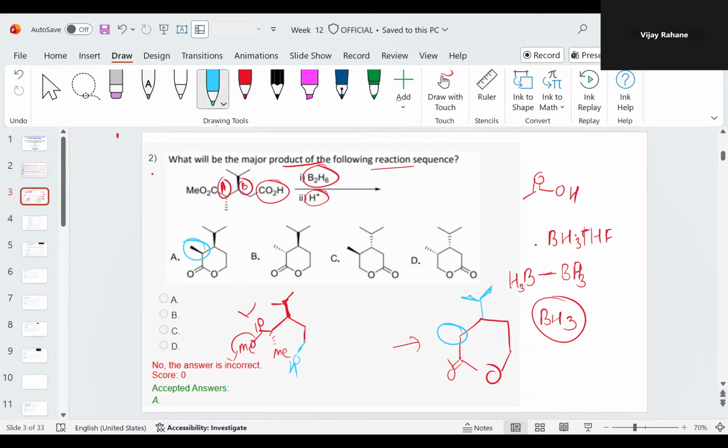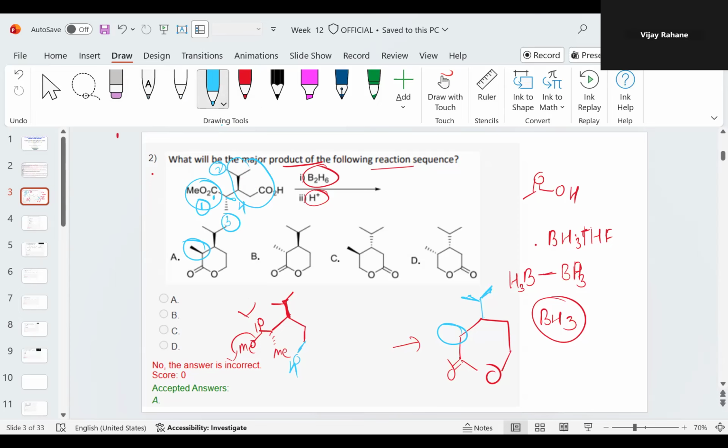configuration at this chiral center, I try to remove the other unnecessary part. This entire group will act as the second priority. This was the first priority, and the methyl is the third priority. The methyl is directing downward. The fourth priority group is directing upward.